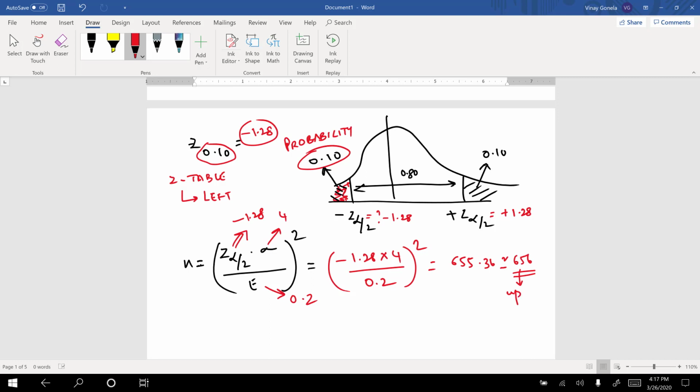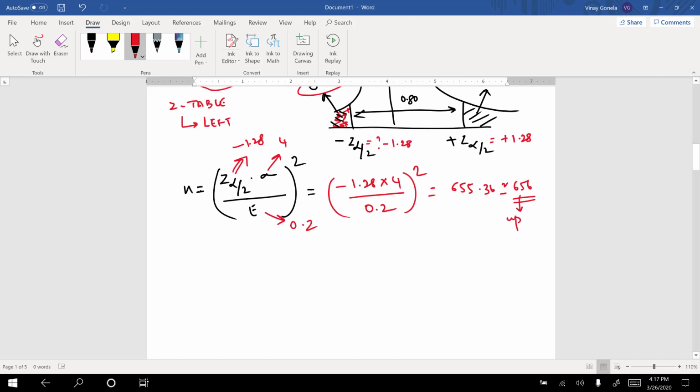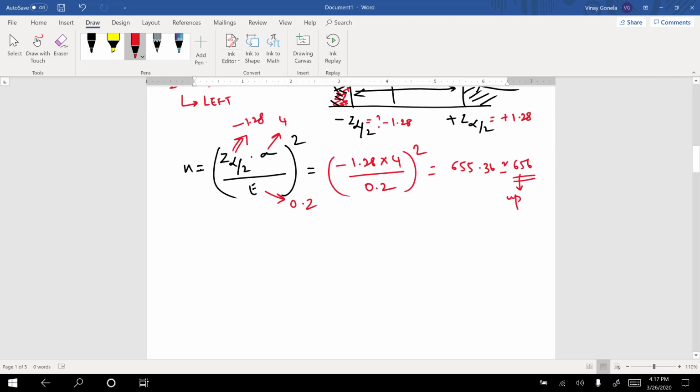So we need 656 samples to make an estimate about the mean with a margin of error of 0.2. That's what we are trying to determine here. So you can make an estimate of the mean with an error of 0.2 and a confidence interval of 80%.